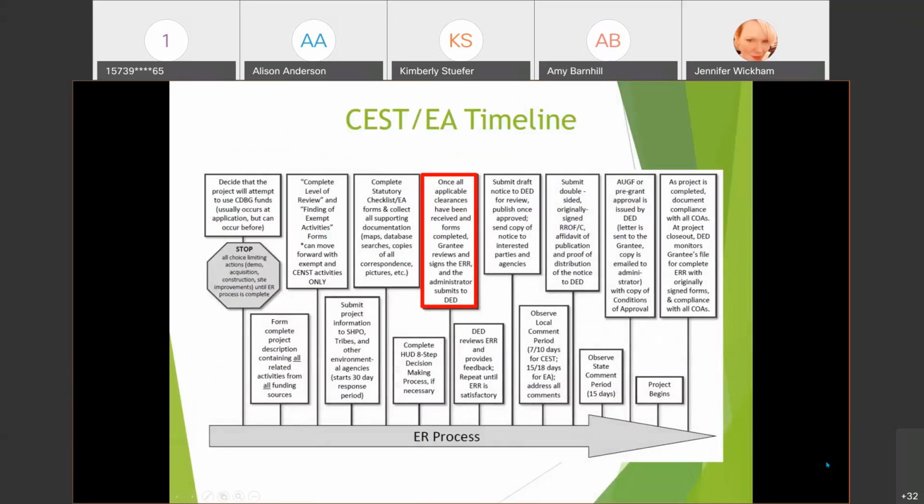The next stage in our environmental timeline is once we have applicable clearances from all the state and federal agencies and tribes and the environmental forms have been completed, the grantee or the local government reviews and signs the environmental report, and the grant administrator then submits it to the Department of Economic Development.